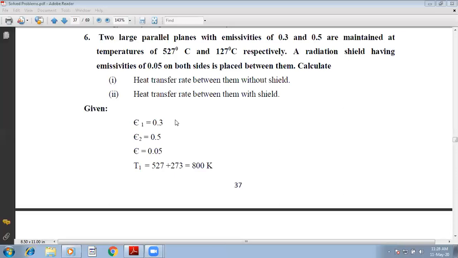In the second case, if we place a radiation shield in between these two parallel plates, then what will be the amount of heat transfer?